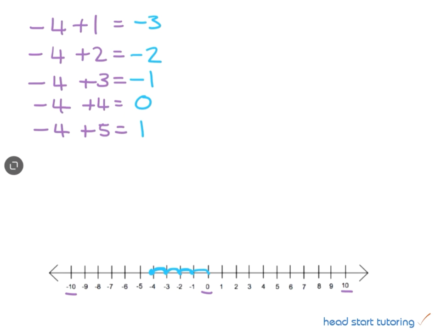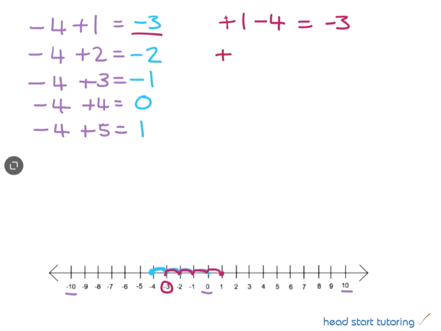So you can carry on working with this, but what I would like you to do is try and pick up patterns. So if we started with +1 and we then minused 4, I want you to see whether or not you would get the same answer. So if we start with +1 and we minus 4, so we go 1, 2, 3, 4 places back to the left, we end up with -3, and as you can see, that's the same answer there.